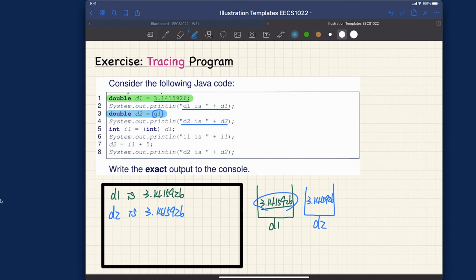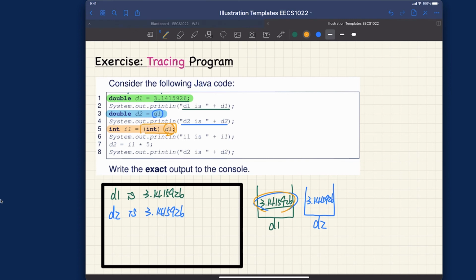The next one, let's use orange. Now let's say we try to do this one over here. We are trying to cast. You can see D1 stores this particular floating point number, and we want to cast that into an integer. So this is a manual cast, removing the floating point part, right?